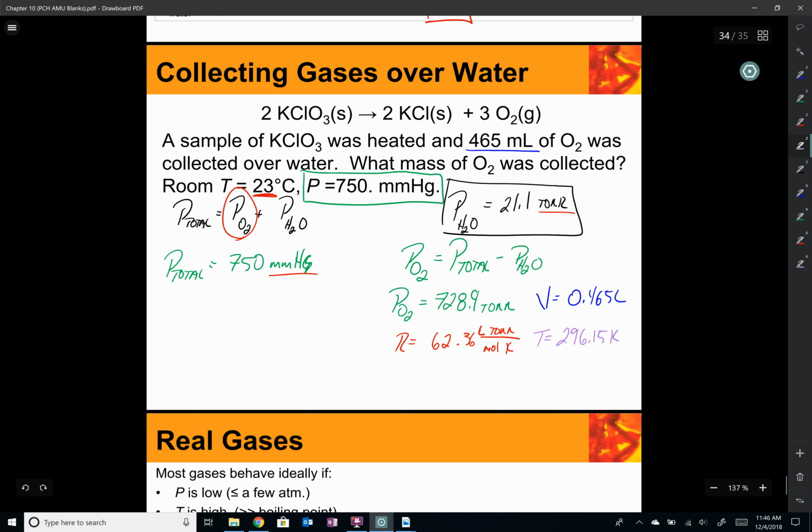Good. Now we can solve for N, not N total, pardon me, the number of moles of oxygen.